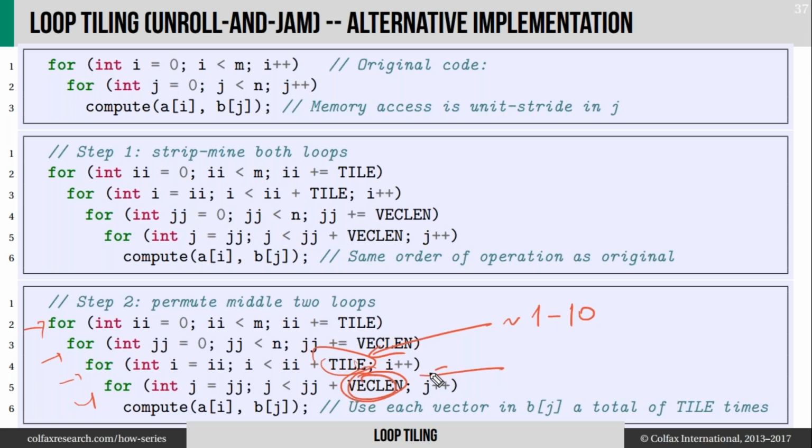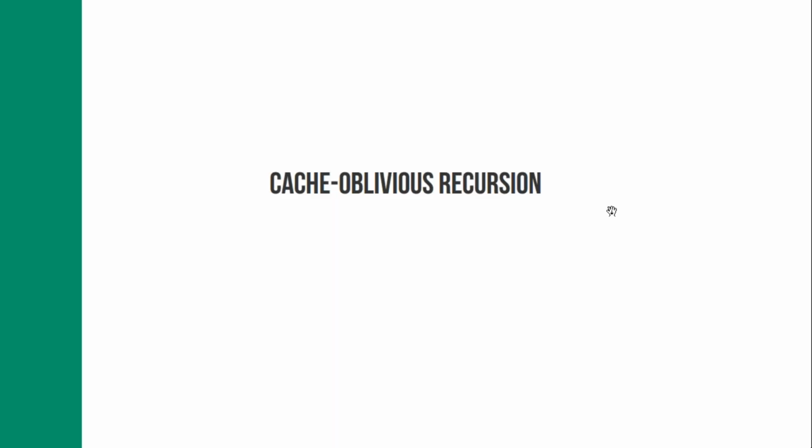And this will typically be the vector length or twice the vector length, so something like 16 or 32, and so on. In this implementation, it is just plain to see that J is the loop that's going to get vectorized. We will experiment with loop tiling in the practical part of today's presentation.